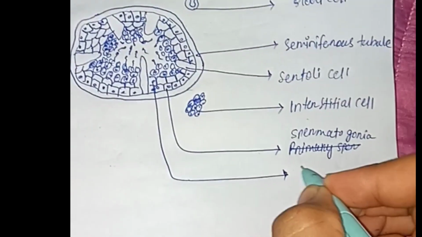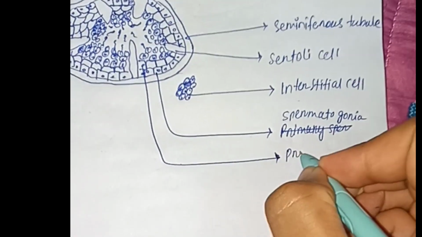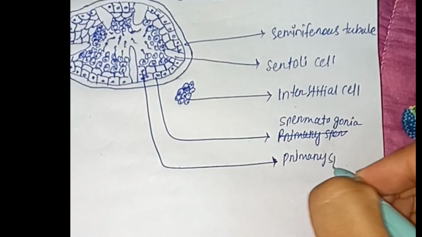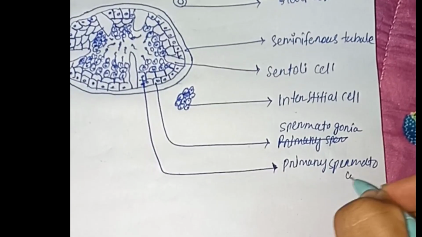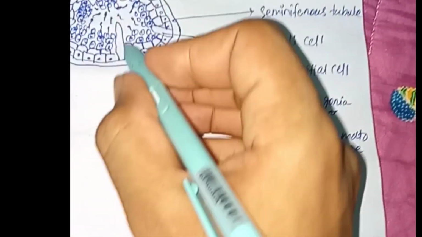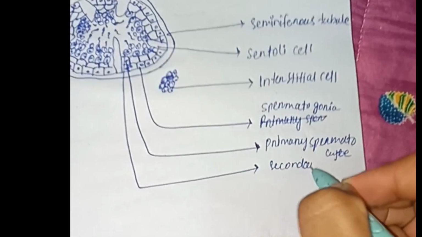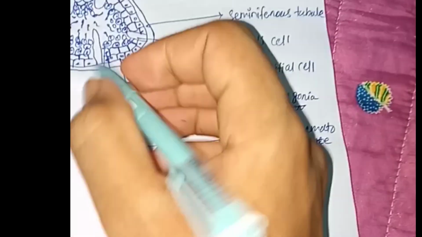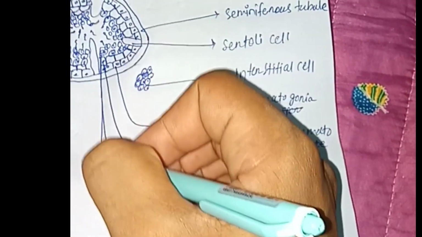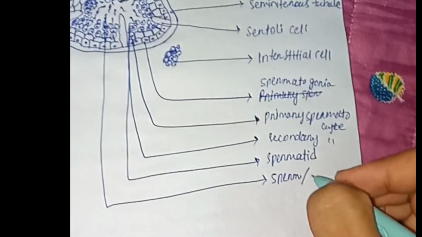These are primary spermatocyte. Then secondary spermatocyte. Then it is spermatid. Then sperm और spermatozoa.